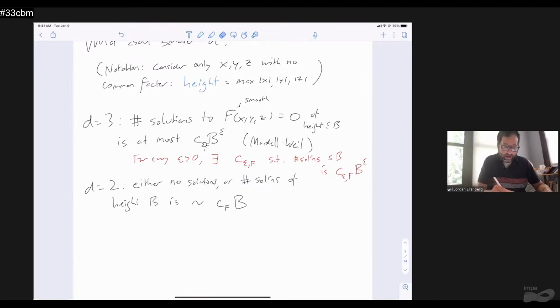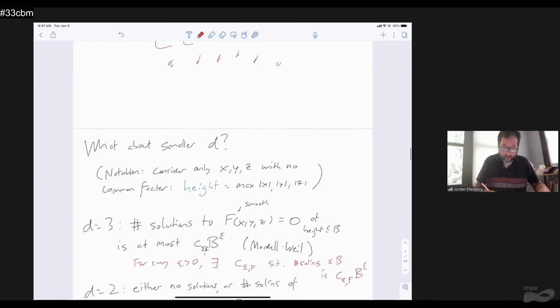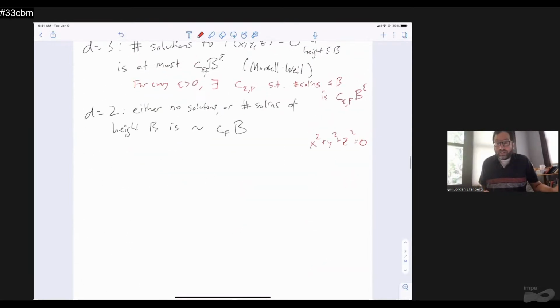Like if I were to write down x squared plus y squared plus z squared equals 0, you may say, I can think of a solution 0, 0, 0. Okay, I forgot to mention that's not allowed. That's a solution to any homogeneous equation. So maybe I should say not all 0. We always disallow that. And if these are not all 0, this is a positive number.